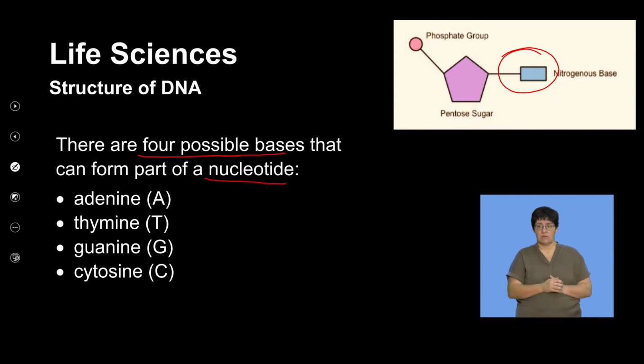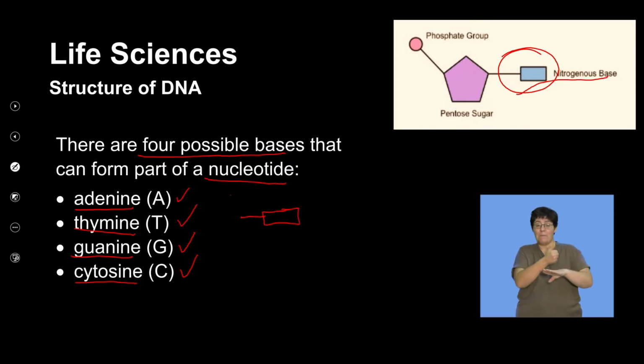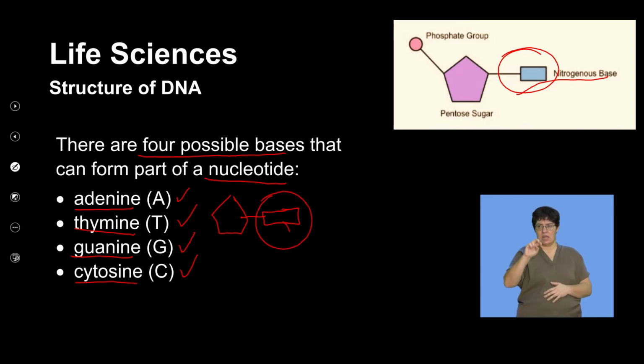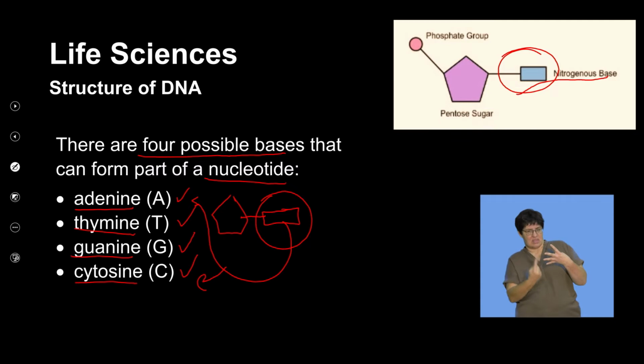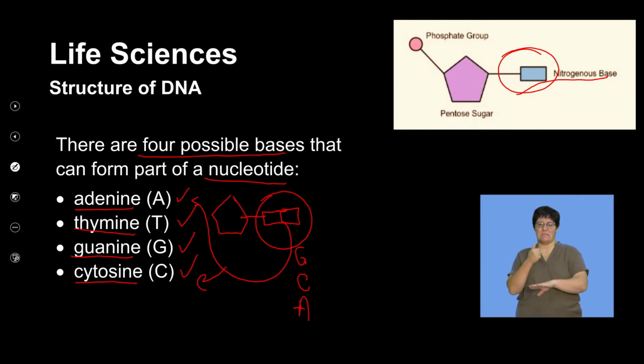These nitrogenous bases, which we sometimes refer to simply as bases, are adenine, represented by capital A, thymine, capital T, guanine, capital G, and cytosine, capital C. So let's recap: the nitrogenous bases that we see in the DNA molecule could be 4 possible bases, represented as a T, a G, a C, or an A. That's what we mean when we talk about the nitrogenous bases.